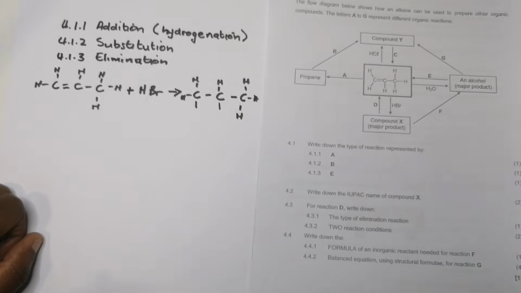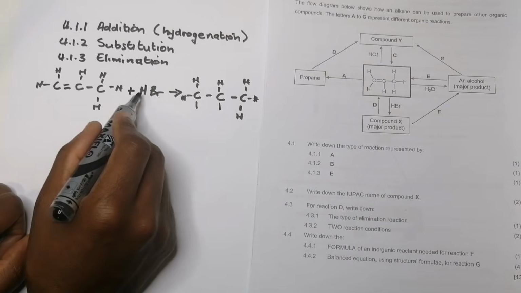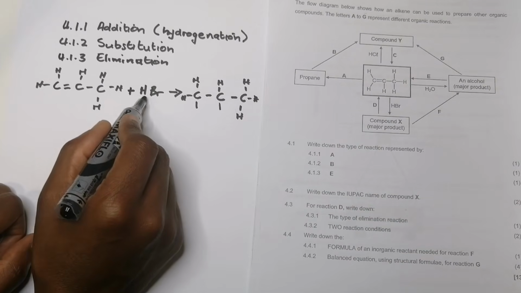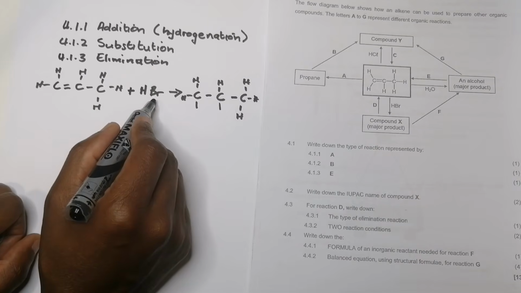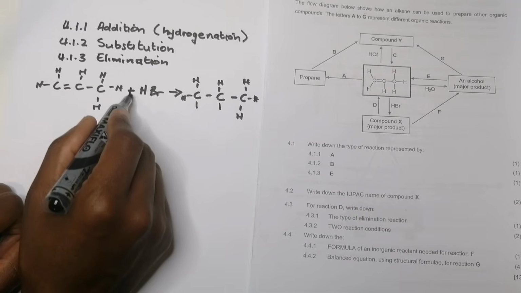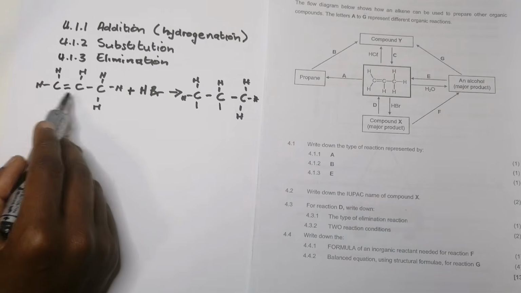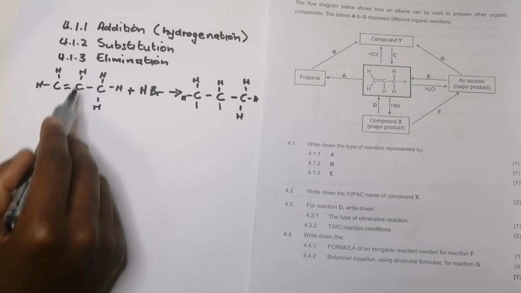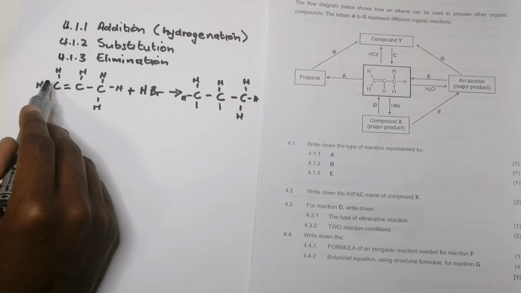So this is where the understanding of the major product comes in. We are going to apply Markovnikov's rule. What does Markovnikov's rule say? In this addition reaction, the hydrogen would tend to go to the carbon that has the most number of hydrogens. Between the two carbons, this one had one hydrogen, this one had two hydrogens.